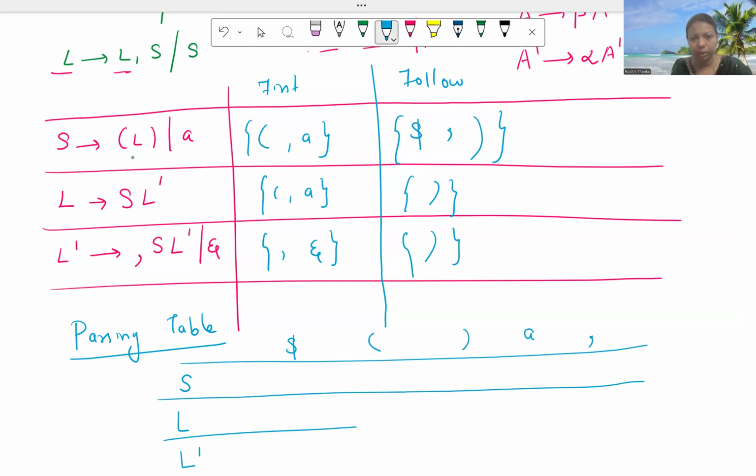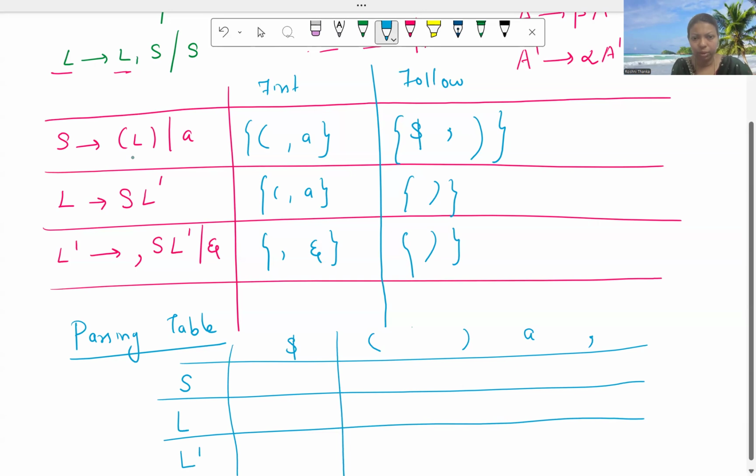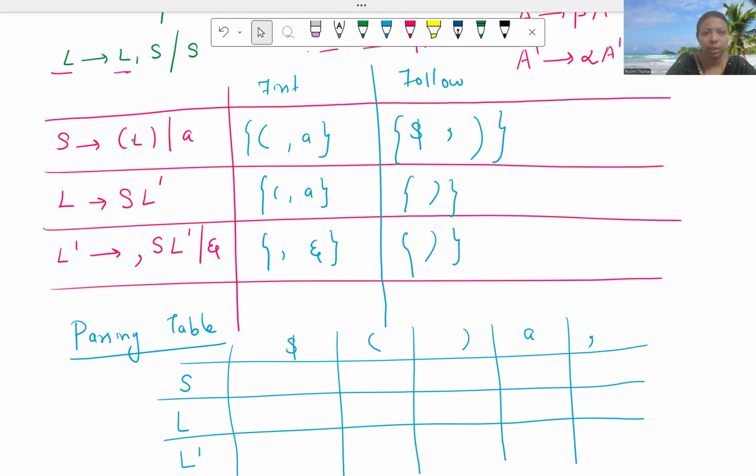So in this place, write S derives L. And then where to write the S derives a production? What is the first of that? Small a. So in this place we write that production.